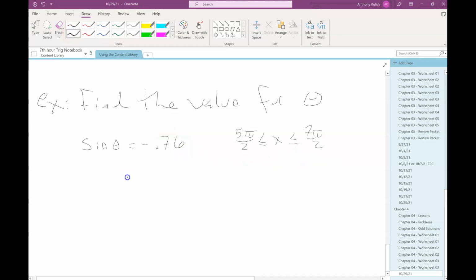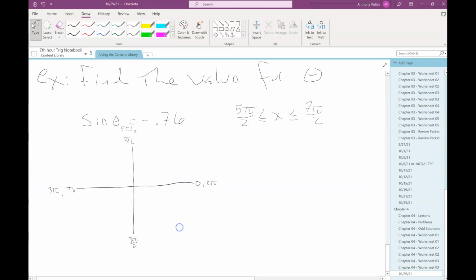Just like before, though, I'm going to start by figuring out what quadrant I'm working in. So 0, pi over 2, pi, 3 pi over 2, 2 pi, 5 pi over 2, 3 pi, and then 7 pi over 2. So we're looking at quadrants 2 and 3.